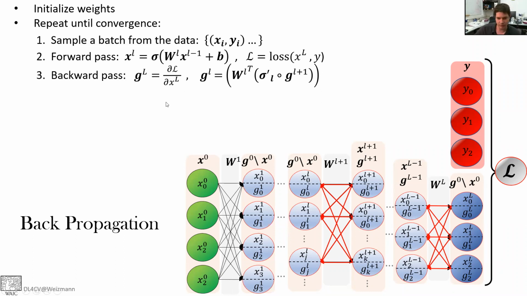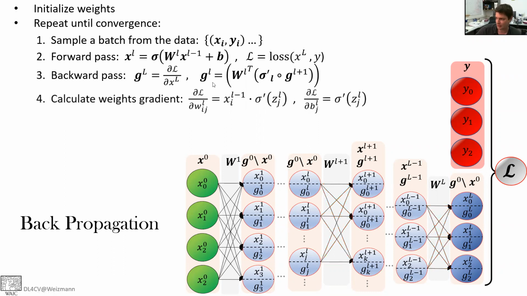After we have these derivatives with respect to the neurons, now we need to translate them to have derivatives with respect to all the weights and biases. So we just do this calculation, which is super easy. We just multiply each G value that we have with this expression that we had before.